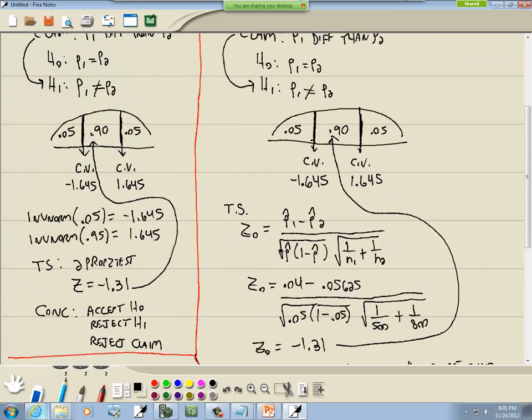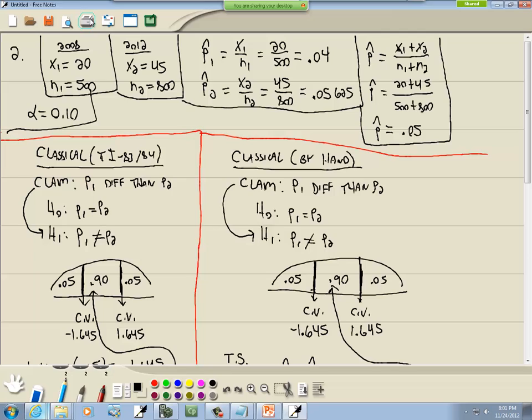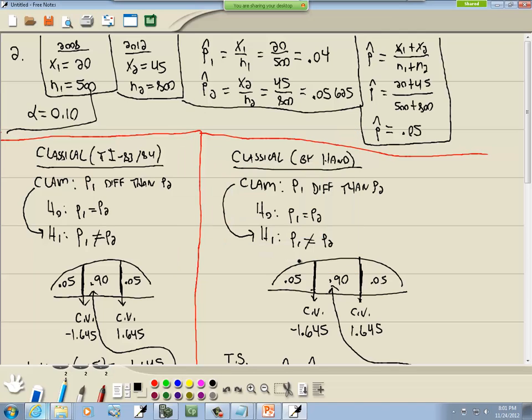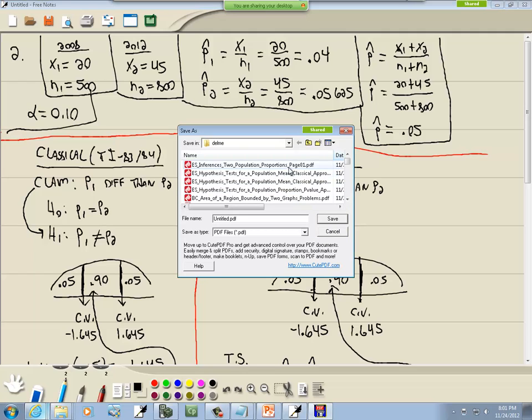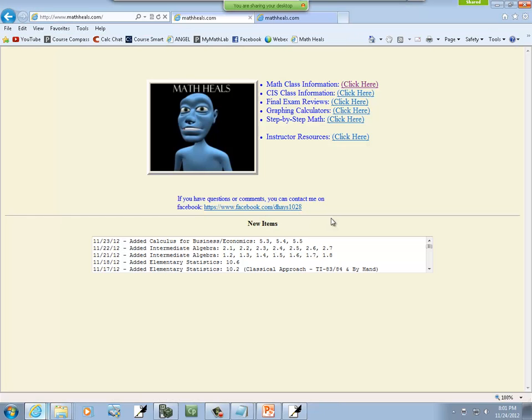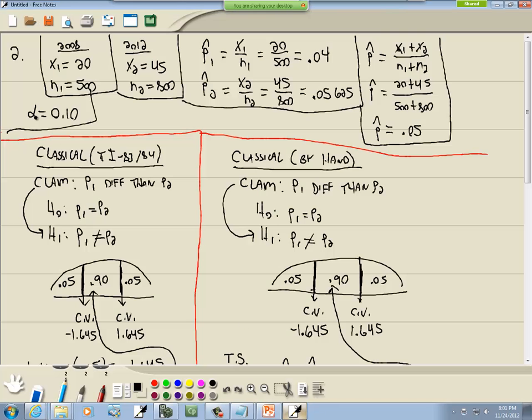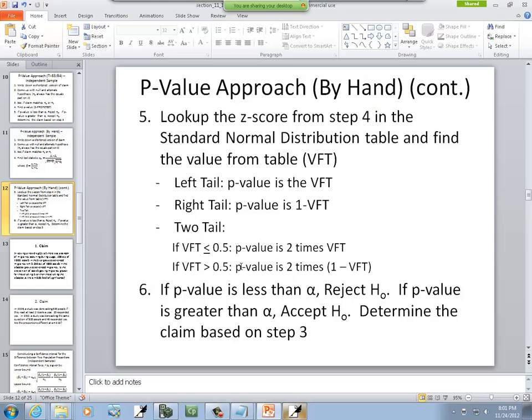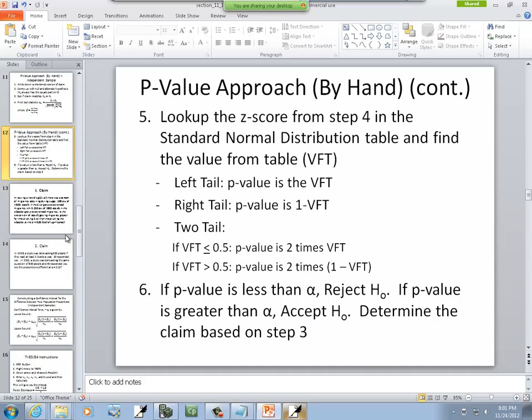So let me save that. And that shows you the 4 different ways of doing claims when you're talking about independent.